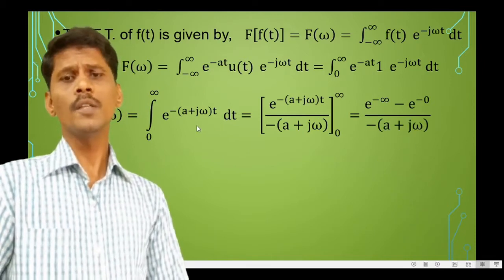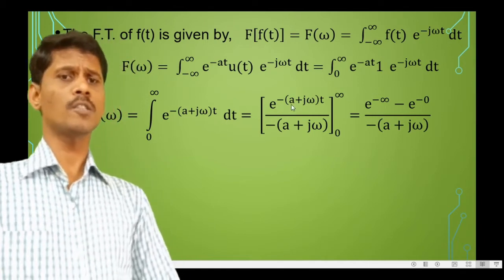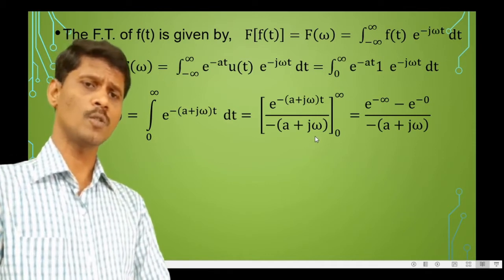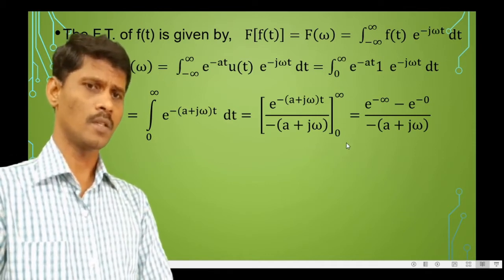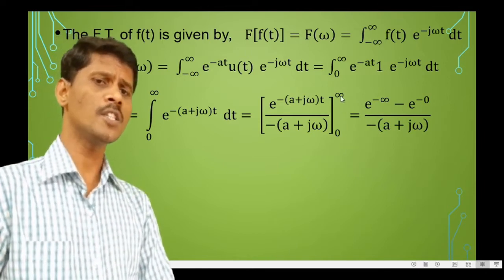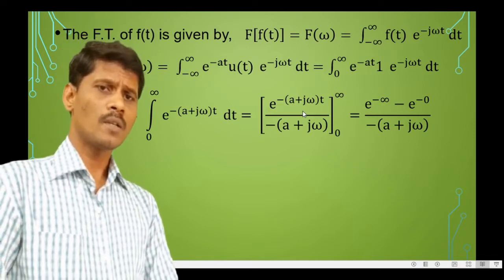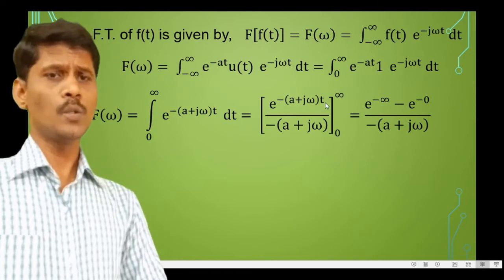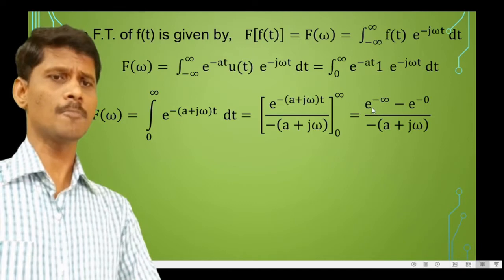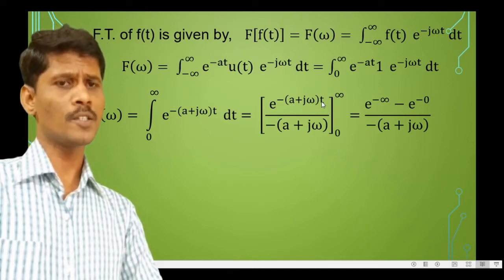The integral of e power minus of a plus j omega t dt is e power minus of a plus j omega into t, divided by minus of a plus j omega, over 0 to infinity. Now apply the limits: the upper value of t is infinity and the lower value of t is 0. At the upper limit, e power minus infinity; at the lower limit, a plus j omega into 0, that is 0.